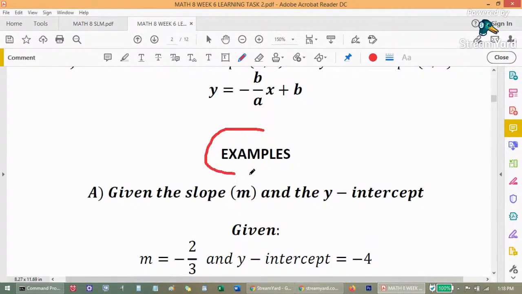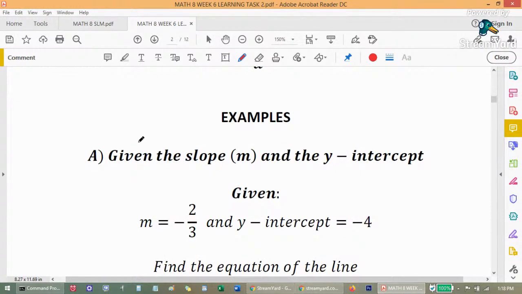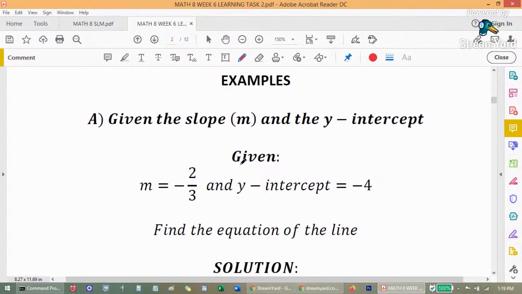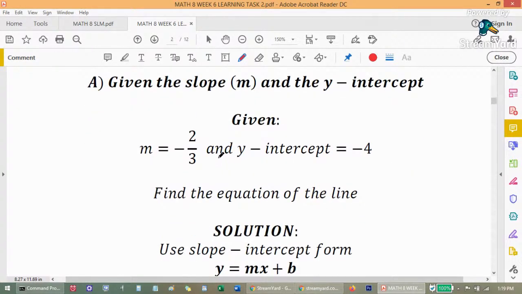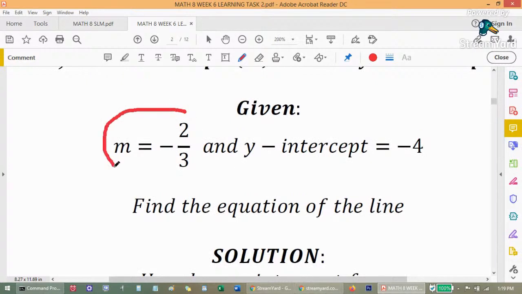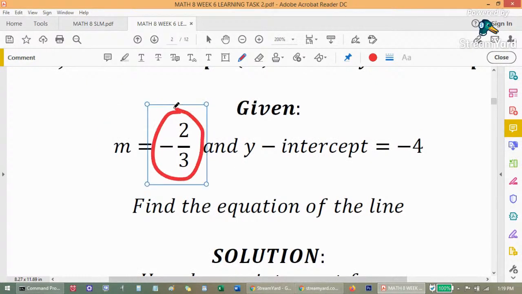Okay, so examples. So, example sa kapag given ang slope at saka y-intercept. For example, meron tayong slope na negative 2/3. Yan ang slope natin.